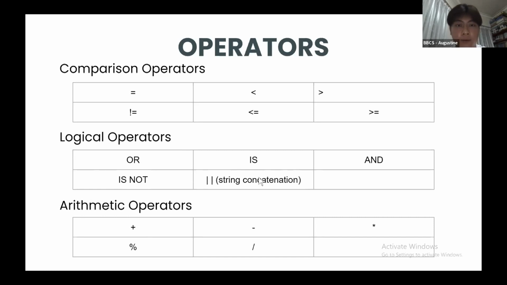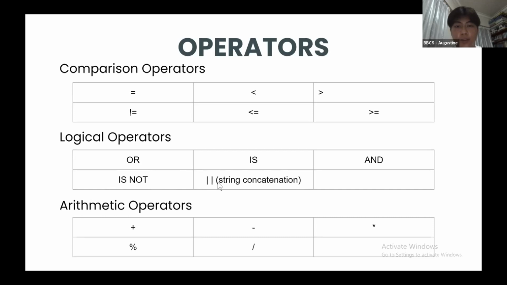Now the only thing that you may find different is the logical operators. Now we have the or, and, is, and is not. These four operators are quite self-explanatory. The or and the and are already in Python, and I think the is and the is not are also in Python. The only thing that is of main difference is these two lines over here.